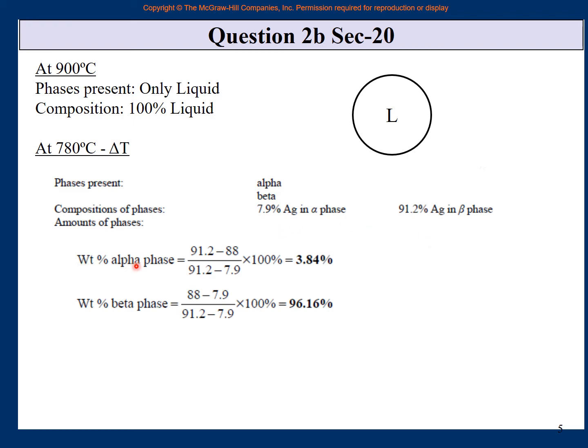Weight percent alpha, 91.2 minus 80, sorry, this is 80. I have mistakenly written 88. So just correct it and correct the percentage also here. We have asked for 80 weight percent silver. So 91.2 minus 80 upon 91.2 minus 7.9. This is the alpha phase. If you want to find the beta phase, it is the opposite of that.